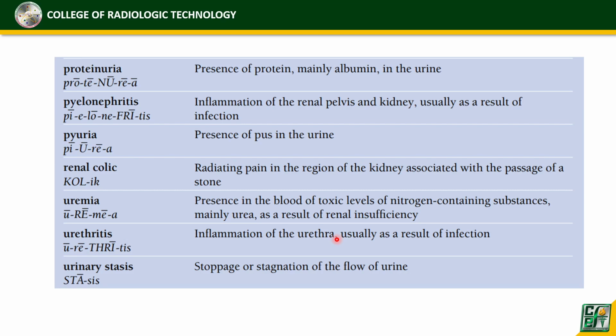At ito yung naamoy natin na pungent odor. Then we have the urethritis. Urethritis, so inflammation of the urethra. And urinary stasis, stoppage or stagnation of the urine flow. Okay.